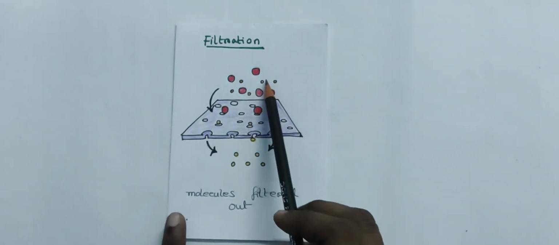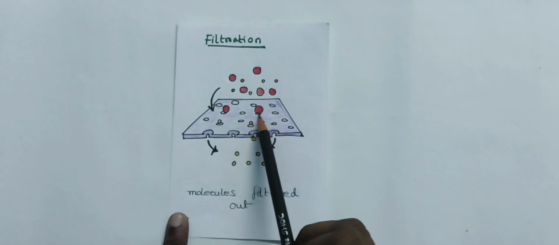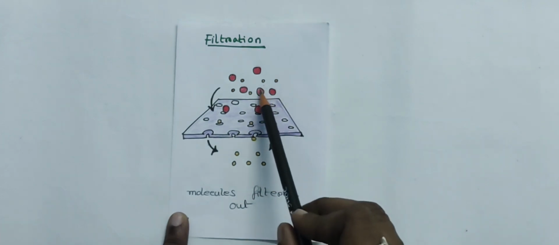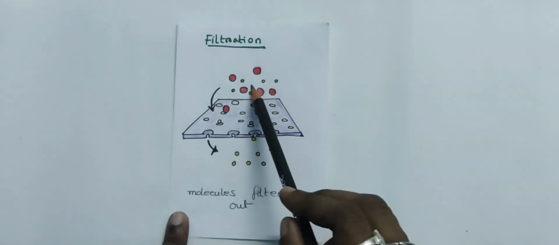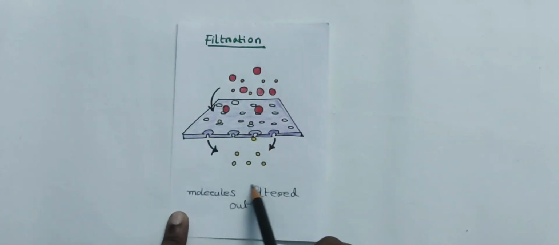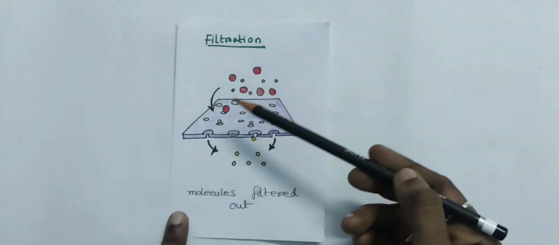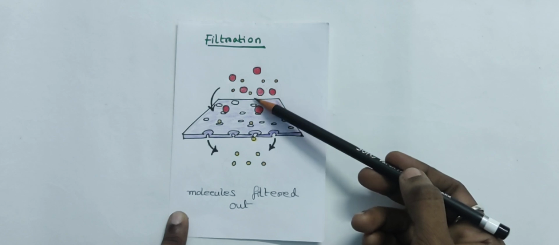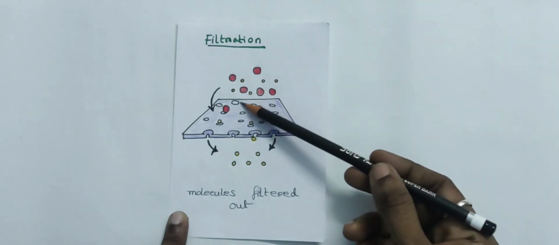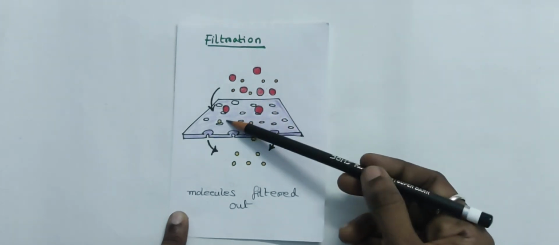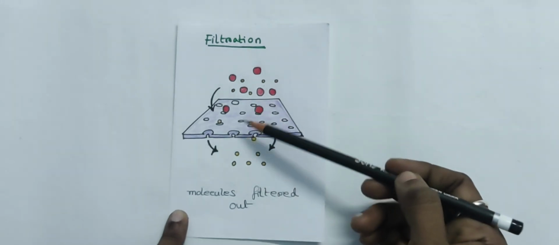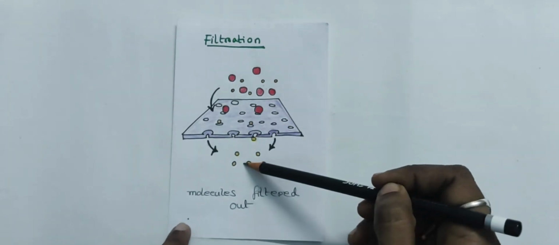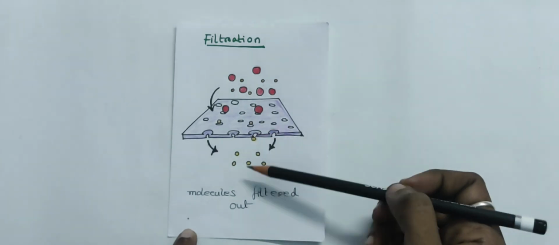Look at the picture. These are the molecules. Under pressure there are many more molecules, so it's a higher pressure region, and here fewer molecules are there, a lower pressure region. So from the outer side, by the pressure gradient, molecules move through these parts and come to the inner side. From the higher pressure region, the molecules come to the lower pressure region. That means the molecules are filtered out.